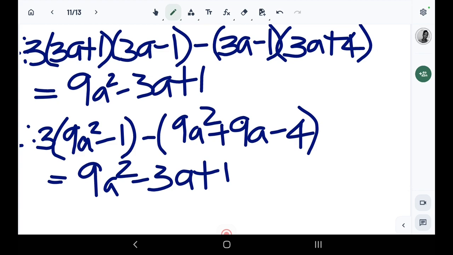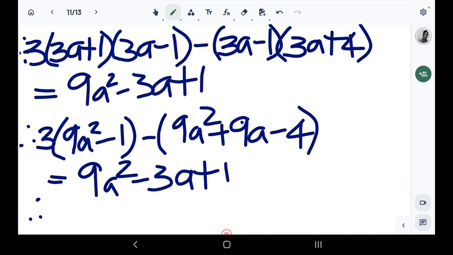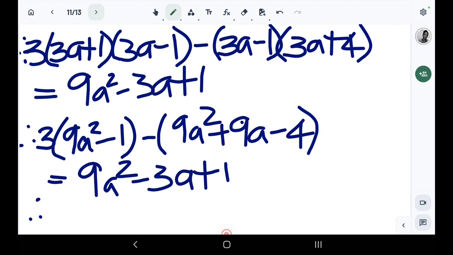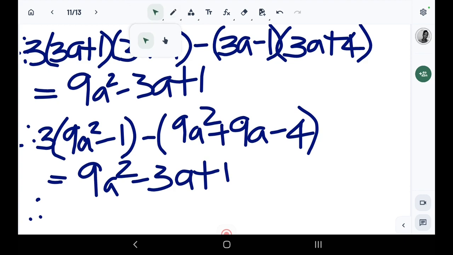Okay, let's expand the left hand side. That is 3 times 9a squared, which is 27a squared, minus 3. This is what we multiplied out, 27a squared minus 3.